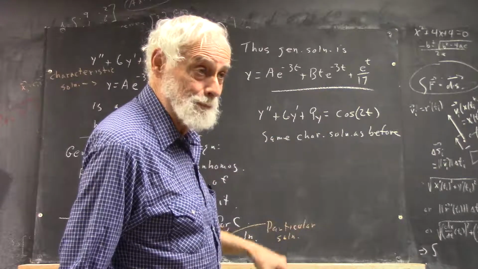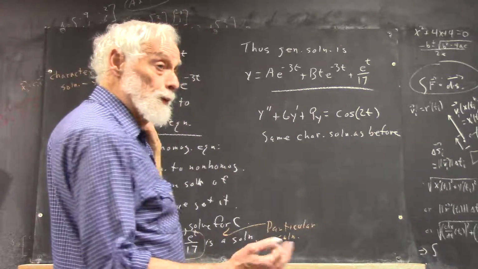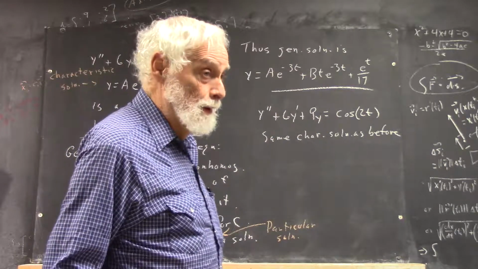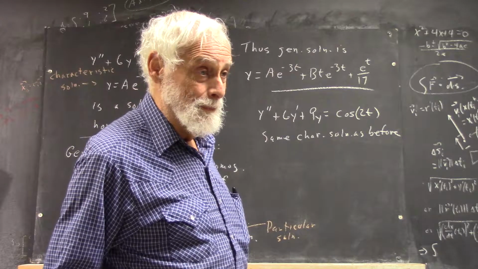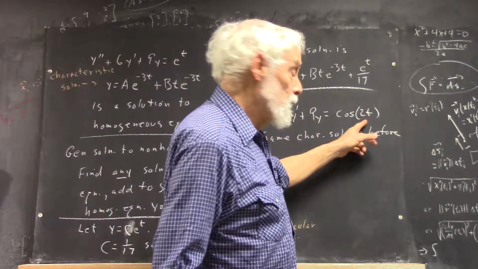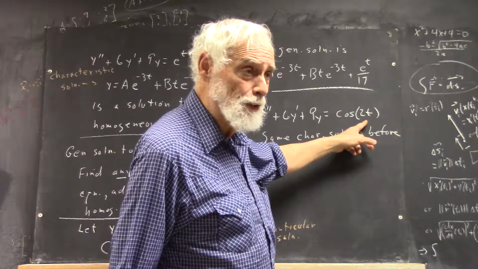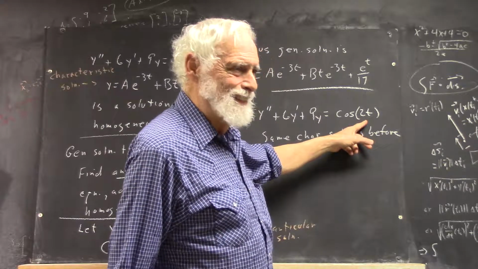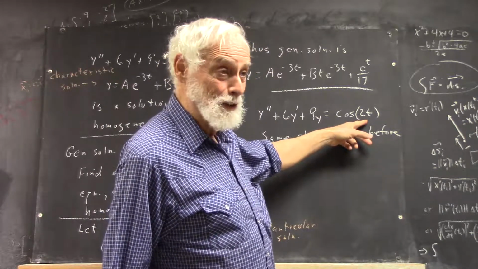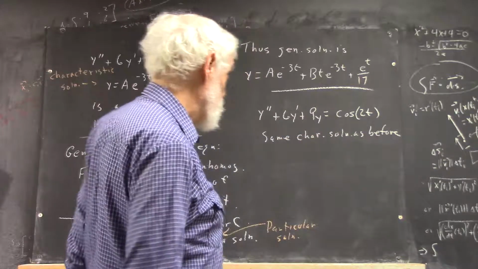Anyhow, you get the idea. So the simplest thing you can try is sums of sine and cosine. And it's got to be sine of 2t and cosine of 2t, because if you got any other argument, you're not going to get anything with a 2t in the argument, and you've got to have that.